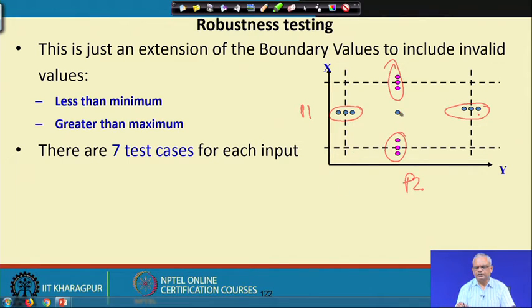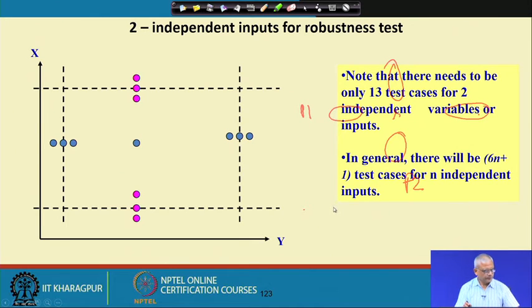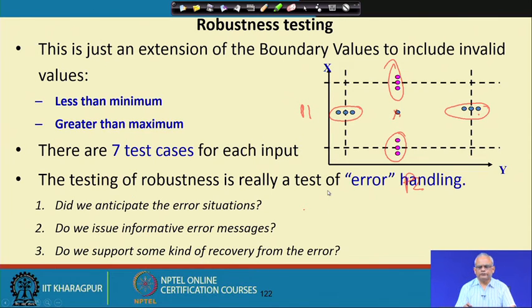And then this is the general element with which we combine, and therefore, we need 7 test cases for each input. If we have n parameters, then we can easily compute how many test cases we need.